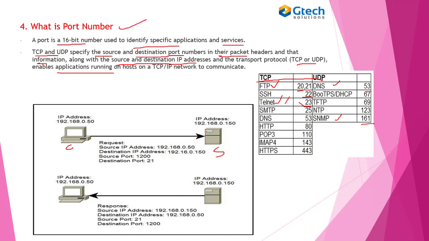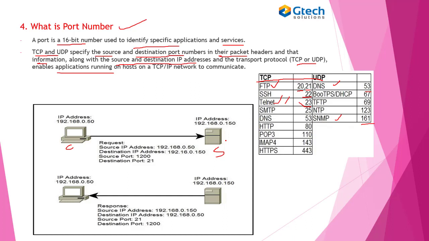When sending a request in the form of data or a packet, that packet is attached with a source and destination IP address and source and destination port. Then the server will receive that packet and recognize that this packet was meant for it and is from this device with this IP address and source port number.